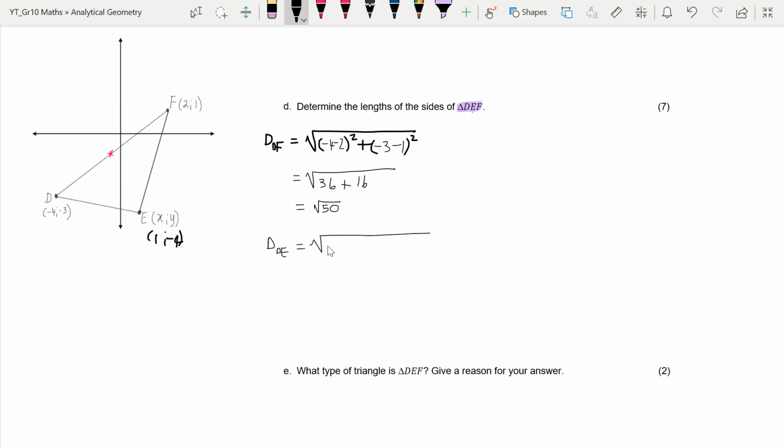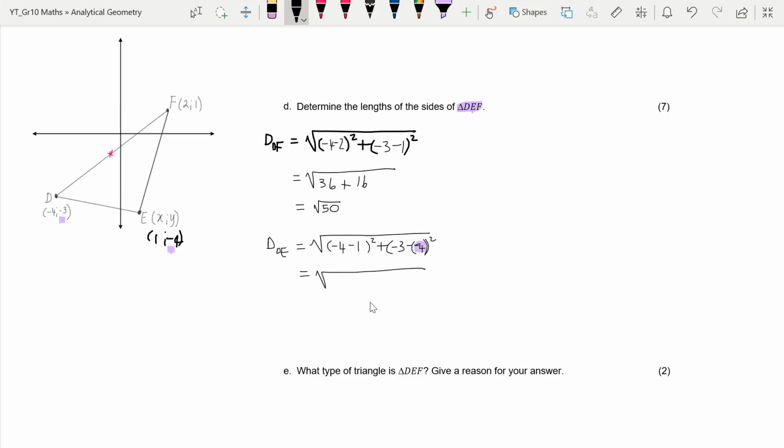Plug that into the distance formula carefully. If we look at D and E, I'm taking my X values and subtracting them, and then I'm taking my Y values and subtracting them. So see what happens over there. There are my 2 Y values and I'm subtracting a value that is already negative. So just be mindful of what's going on over there.